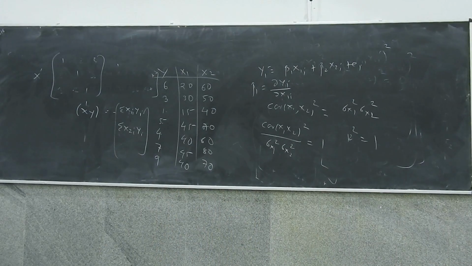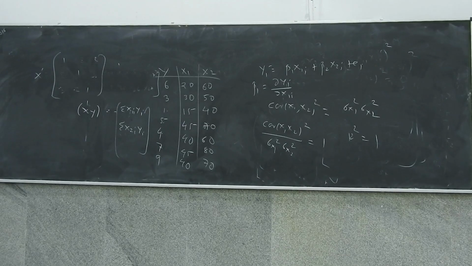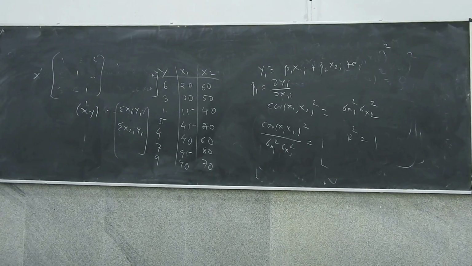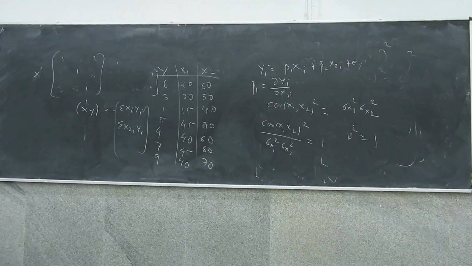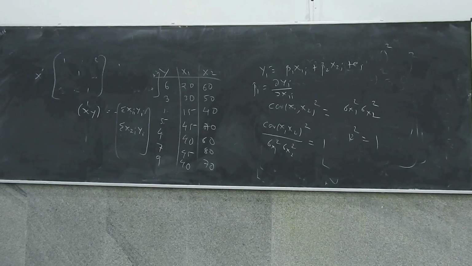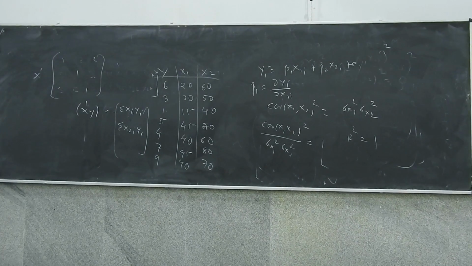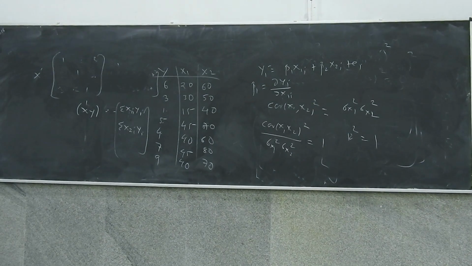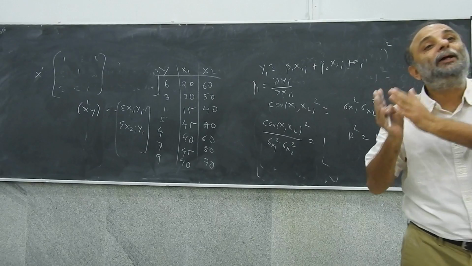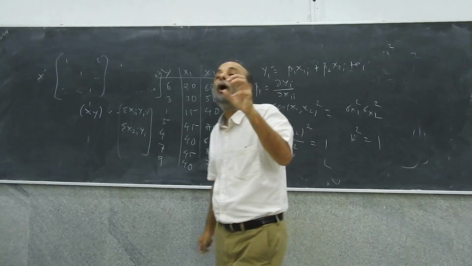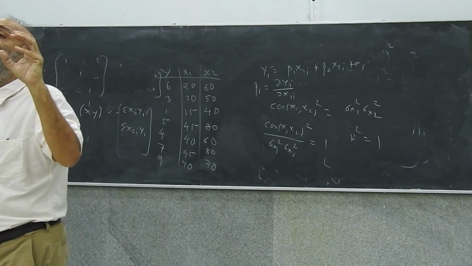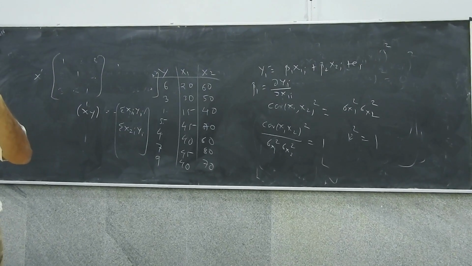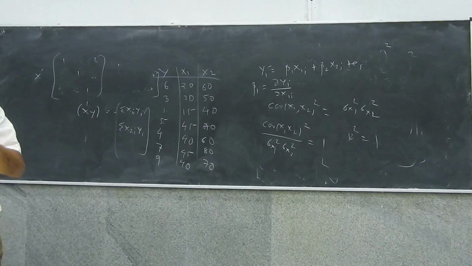What do you mean by that? It is how much y changes if you change x1 slightly, keeping x2 constant. Similarly, beta 2 is the partial derivative of y with respect to x2. It is how much y changes if x2 changes by 1 unit, keeping x1 constant.